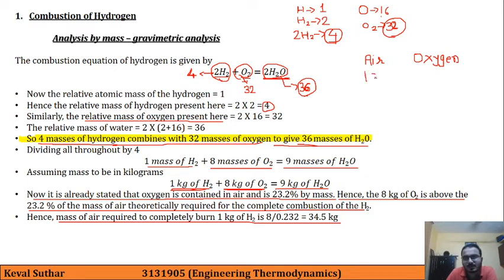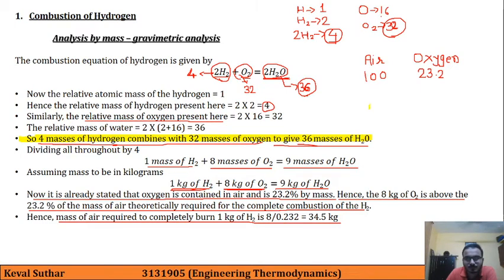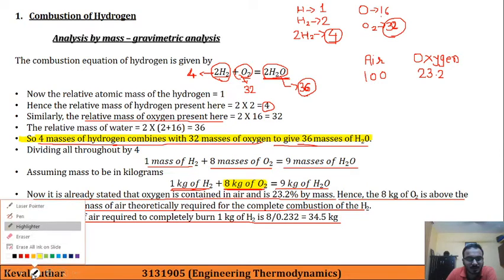Let's say that we are having 100 kg of air, and oxygen as 23.2, and what we require actually is 8 kg of O2. That is written over here, that 8 kg of O2 is required for complete combustion.